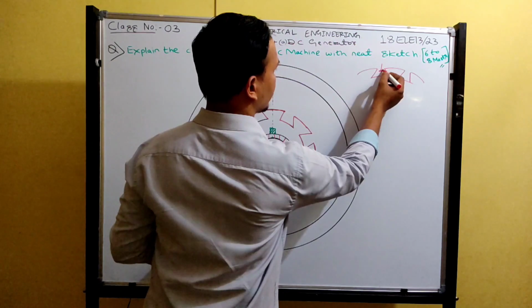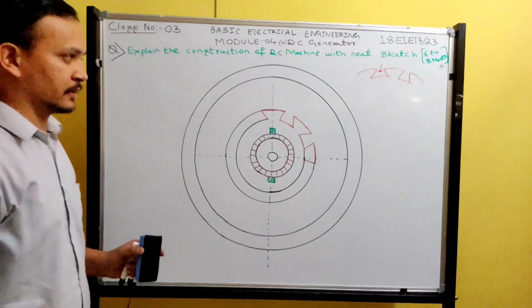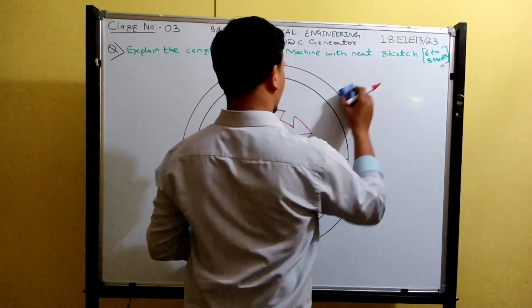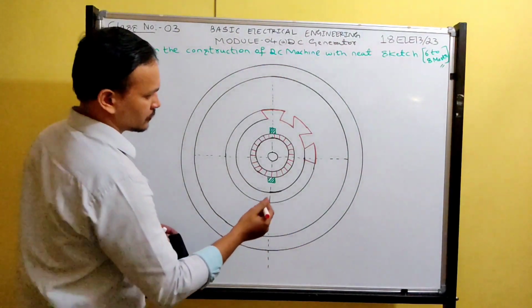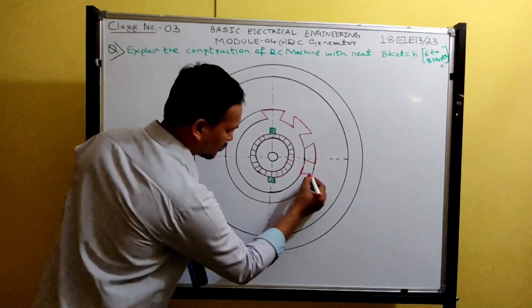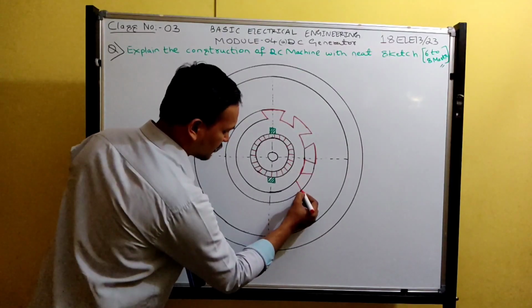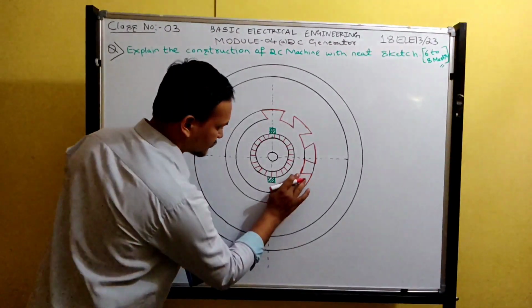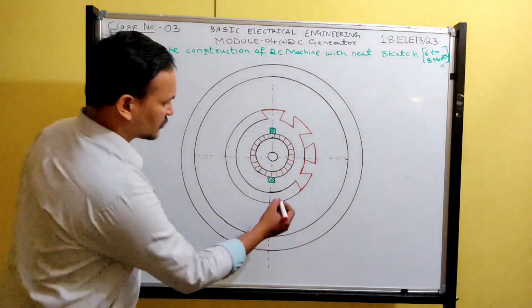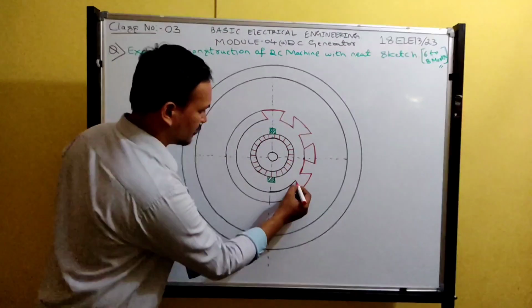In the open space, you should draw the conductors. Observe carefully how I am going to draw. Extend like this, draw a line like this, join these two, and erase this part, and erase this one. Understood? Like this you complete this entire circle.